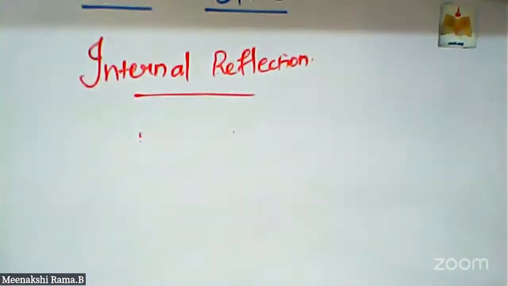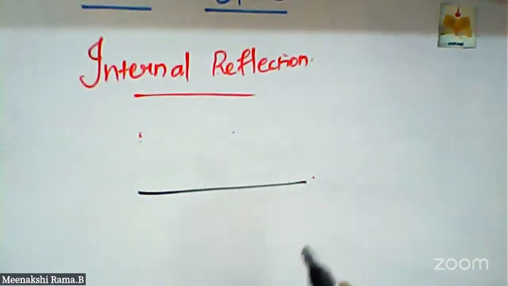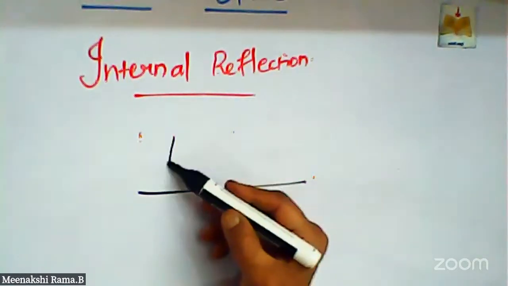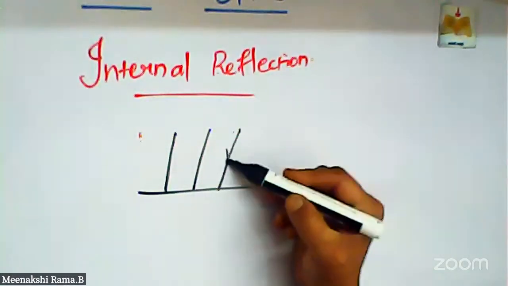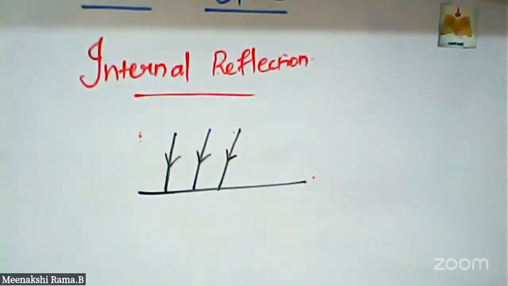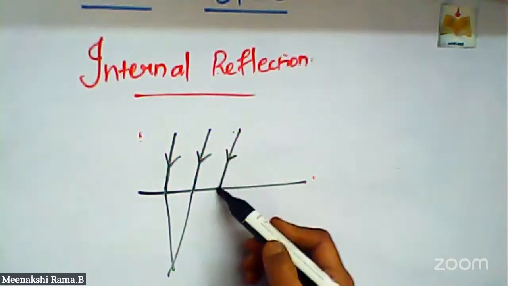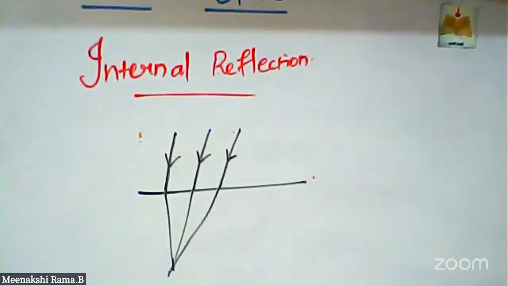This is the normal surface. In internal reflection, when we pass light in this area, the light rays pass through this area, and the rays are reflected and joined at one point.